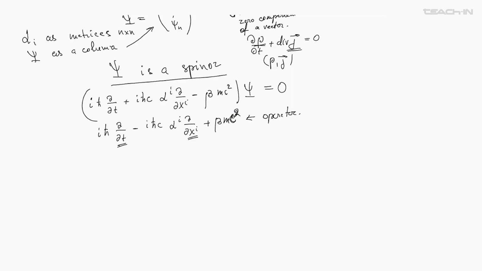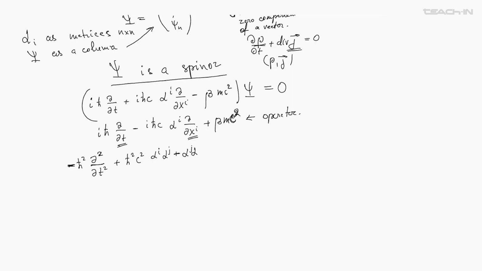Okay, so let me write down what you will get. You will get minus h bar squared, second derivative over time. Then you will get plus h bar squared c squared, alpha_i alpha_j plus alpha_j alpha_i, times the second derivative of psi with respect to x_i, x_j. I will tell you why it is written in this way.